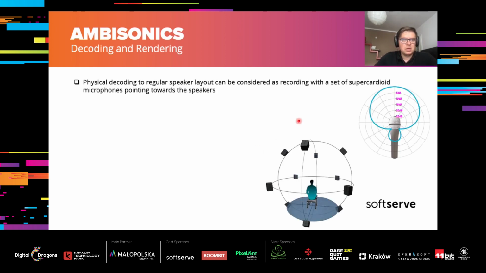Basically, in simple words, decoding ambisonics into a regular speaker layout with a given number of speakers can be compared to recording a sound field with a set of supercardioid or cardioid microphones, where each microphone is positioned so that it points towards the position of a speaker that belongs to the target speaker layout. So here we have an example of a supercardioid directivity pattern of a microphone.